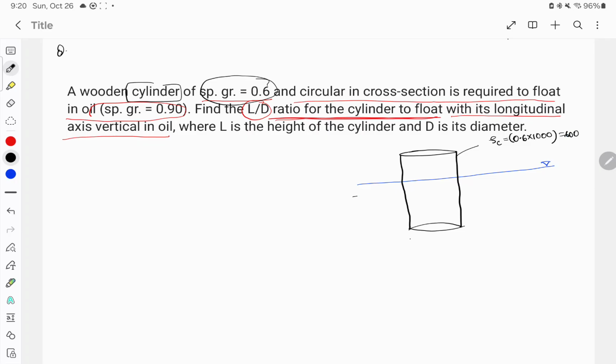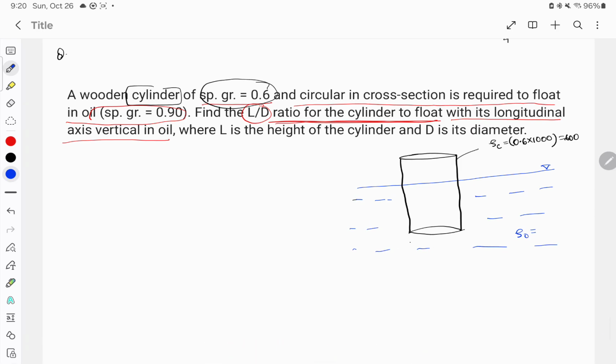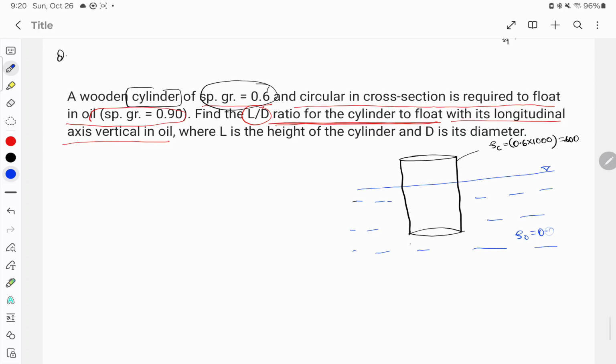The oil has specific gravity 0.9, into the density of water, that is 900, which means 900 kg per meter cube, and this is 600 kg per meter cube.